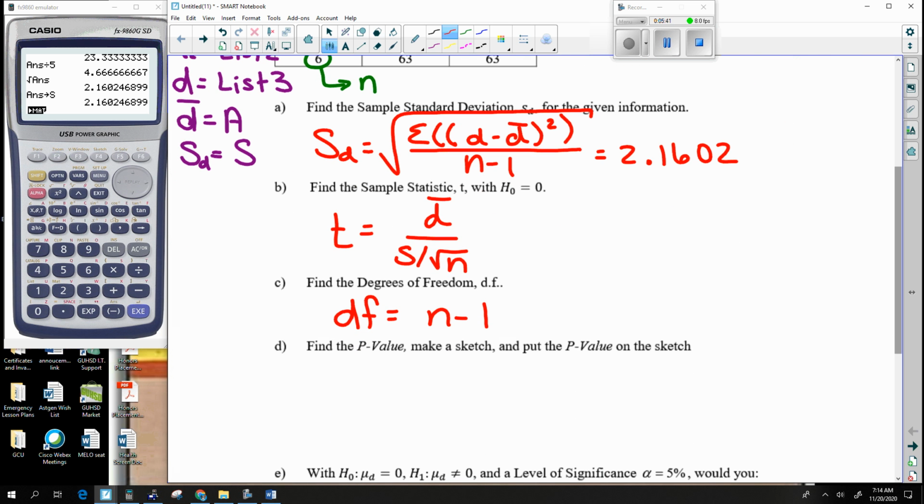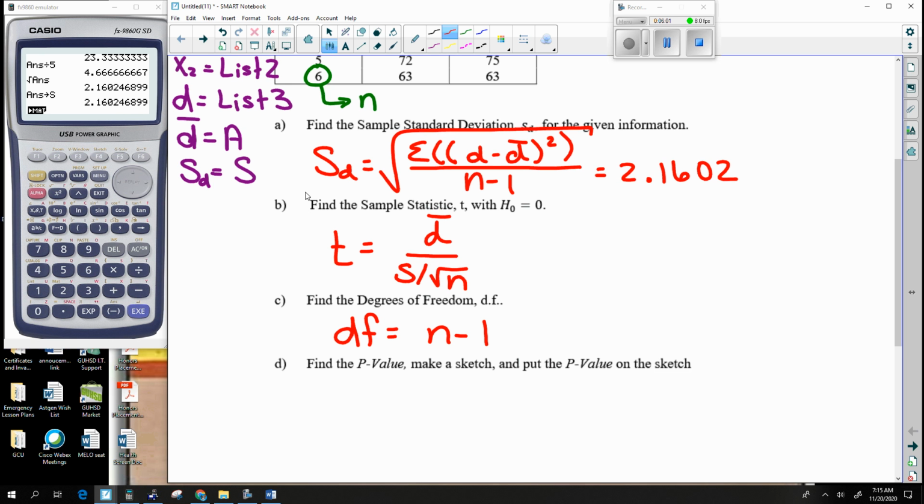Okay, in this next problem, very simple. Again, d bar divided by s over the root of n. Most of those things are just straight up known. I have to remember that I need to make sure that I have this denominator in its own unique parentheses. If you have the cool fraction feature where it writes it as a fraction in your calculator, then you really don't have to worry about that.